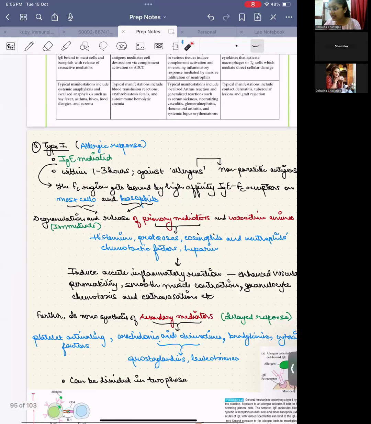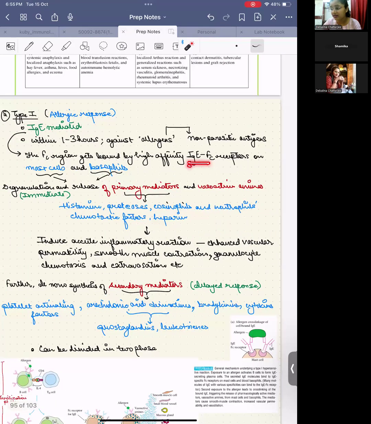Fc region specific receptors have been found on the mast cells and basophils. Mast cells and basophils, if you can recall, are very important players from your innate immune system. They have certain granules which pack a lot of lytic enzymes and vasoactive components.